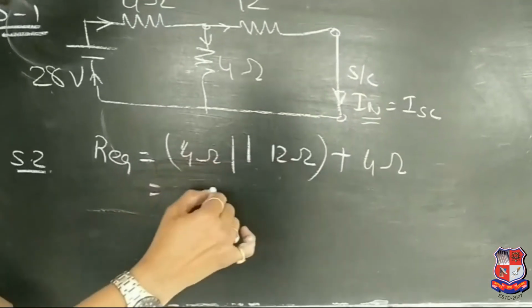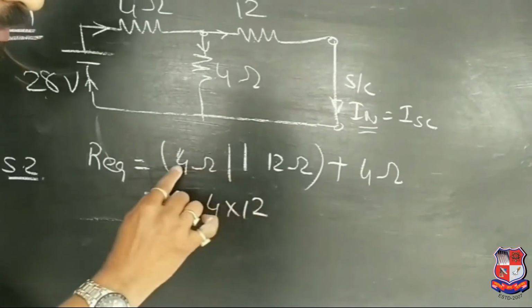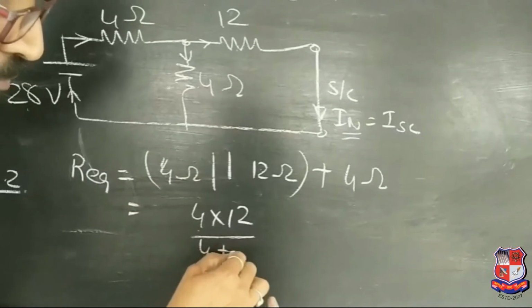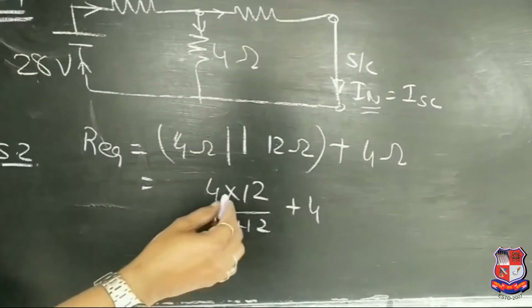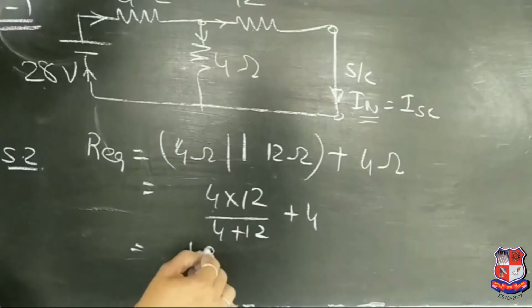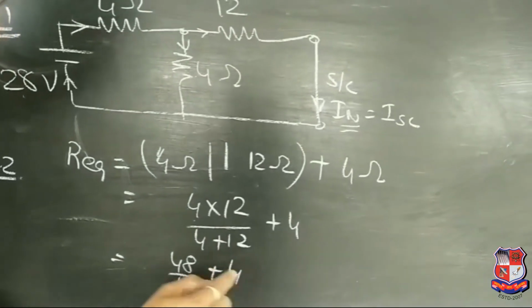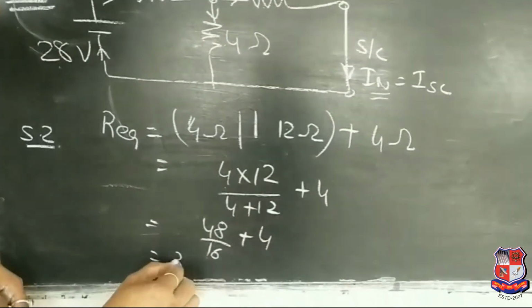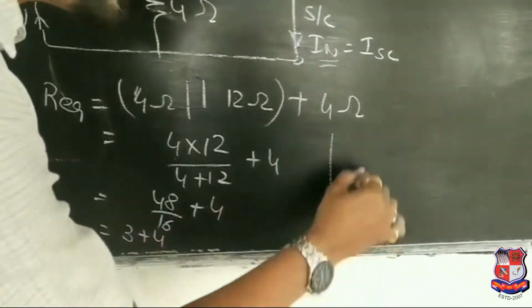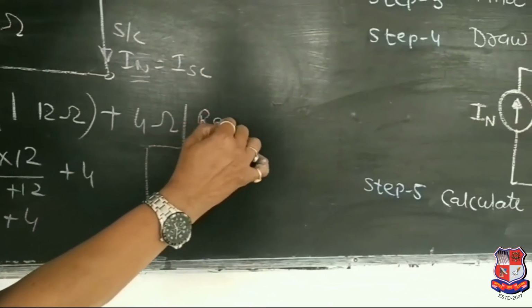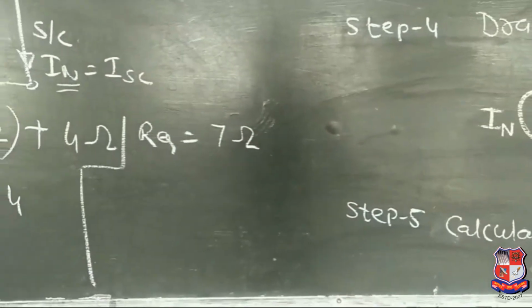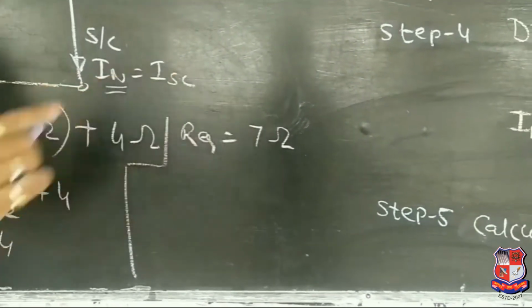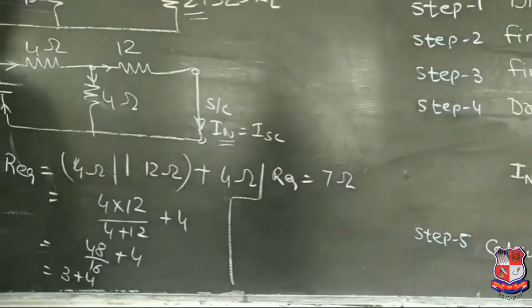So 4 parallel 12, the total value is given by 4 multiplied by 12 upon 4 plus 12, this 4 ohm as it is. 4 12s are 48 divided by 16 plus 4. 48 by 16 will give 3 plus 4. So we can say R equivalent equal to 7 ohm.